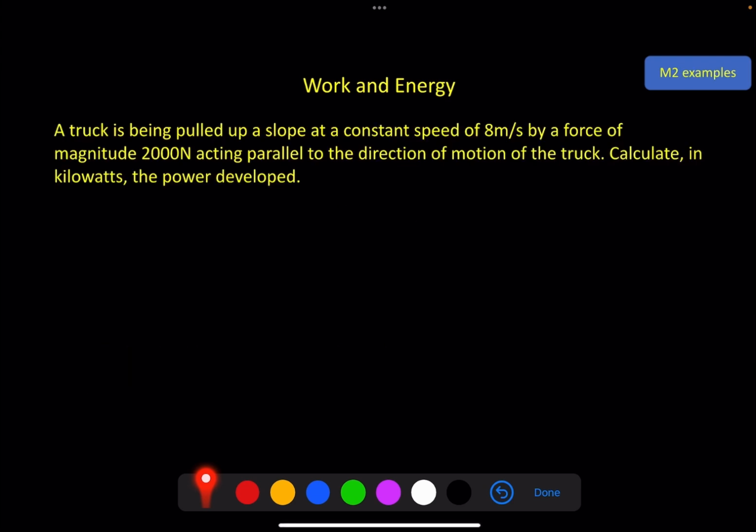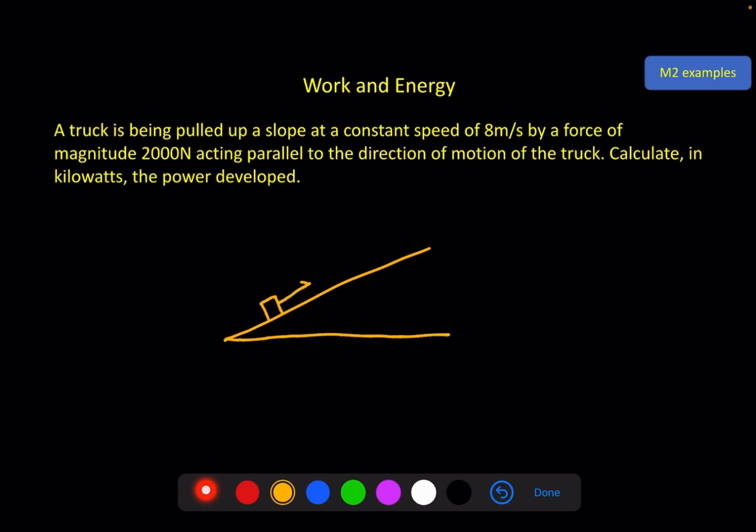Starting off with a very simple one, a truck is being pulled up a slope at a constant speed of 8 meters per second by a force of magnitude 2000 newtons acting parallel to the direction of motion of the truck. So here is our slope, here is my very box-like truck. It is being pulled up, 8 meters per second is the velocity.